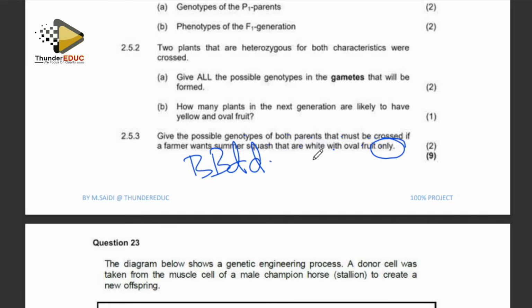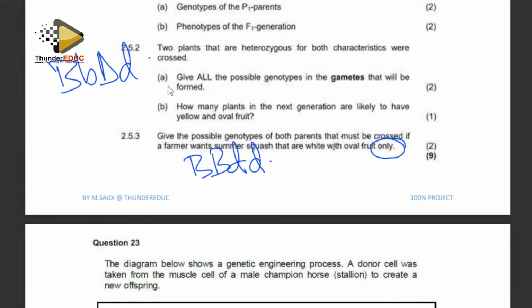Someone is saying capital B small d crossed with capital B small d. Another said capital B small b, and then capital D small d, and another cross with that.